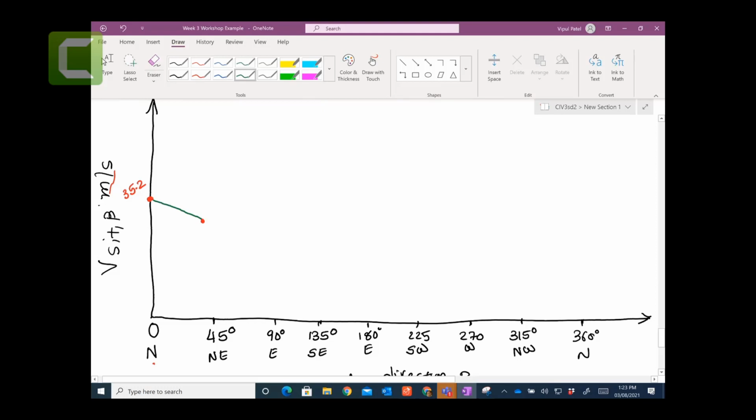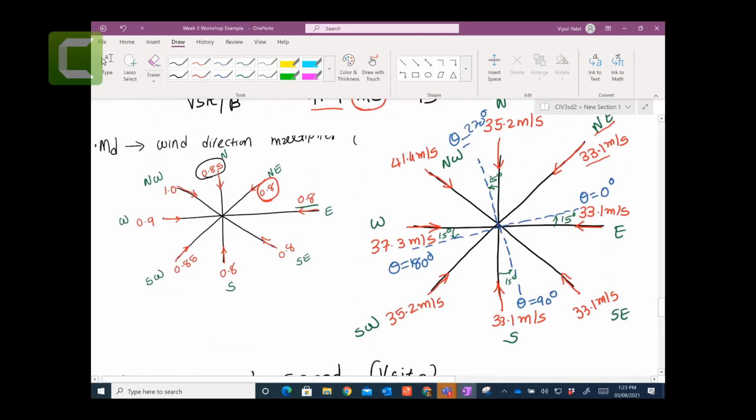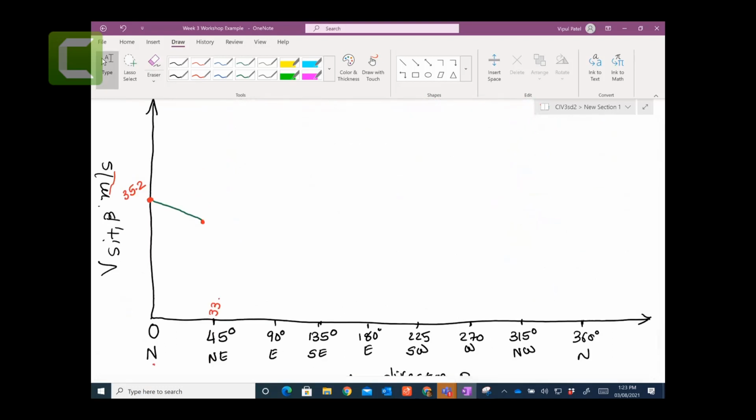Probably it will be messy, but anyway, let's write it down here. 33.1 meter per second. By the way, this point is for here, okay? I wrote it because it might get messy, but let's see.